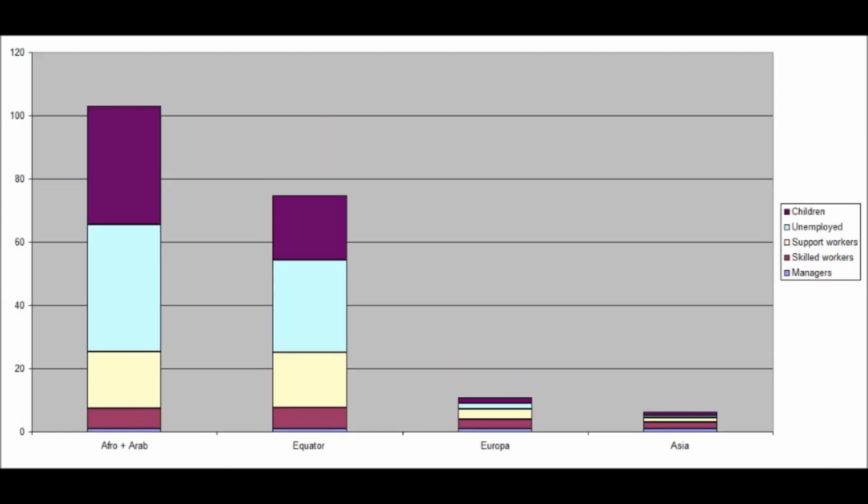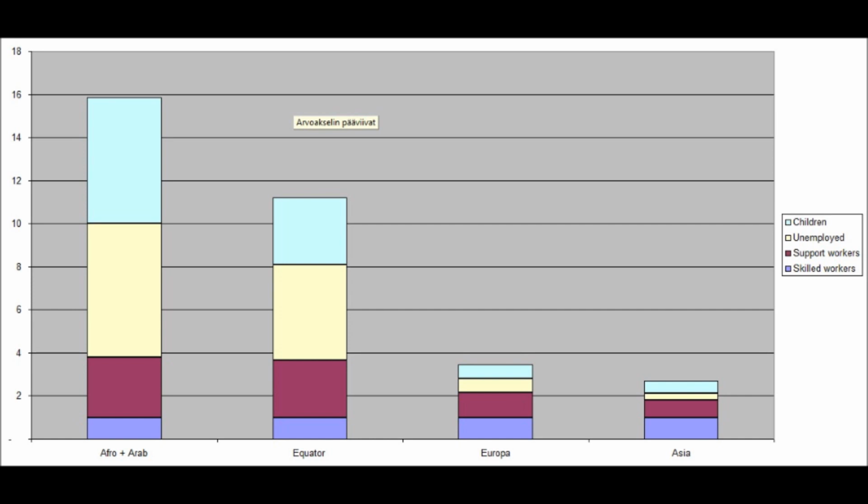This graph shows the same situation, but now the expected unemployed people and the children are also added. Here we can see that in Asia there are about 10 persons per manager, but in Africa or the Arabian countries there are over 100.